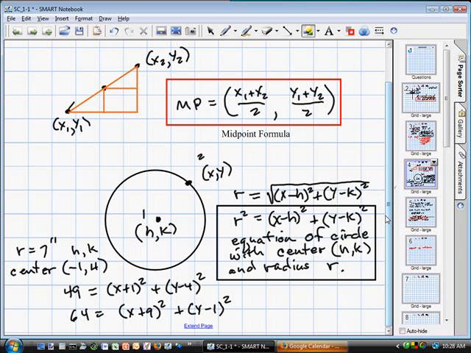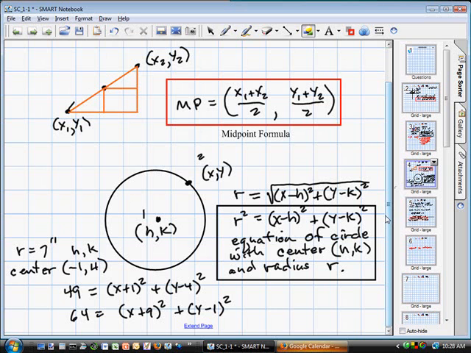This one down here is just another one I asked. I think I just made one up in class that said what would be the equation of a circle whose radius is 8 and whose center is -9, 1. Can you see that? Radius 8, center -9, 1.